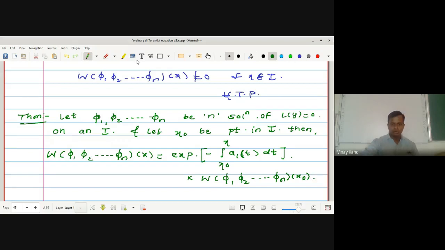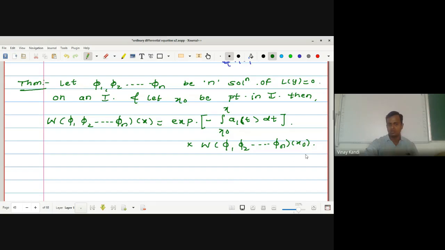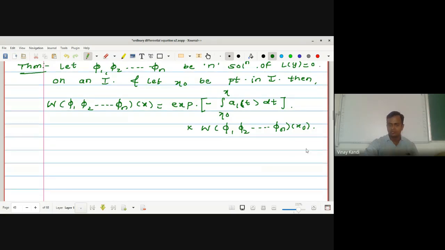Okay, let x naught be any point in interval I, then the Wronskian at any point x is given by e raised to the power minus integration x naught to x a1 t dt into the Wronskian at point x naught. Okay, now let's see the proof.